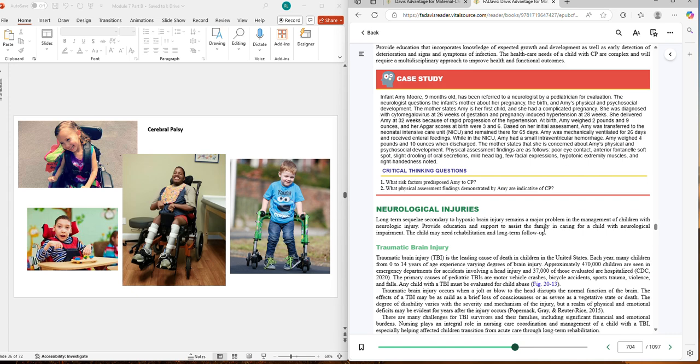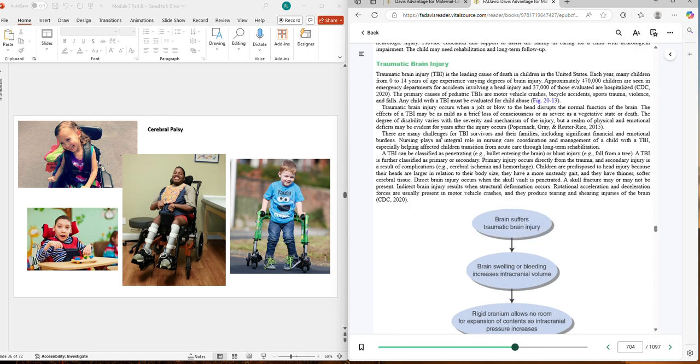Okay, talking about CP. And then TBIs, okay, traumatic brain injury, a leading cause of death in children in the United States, in children, okay, 0 to 14 years old. And we talked about some of this with the bikes and the motor vehicle, and that kind of all ties in to motor vehicle accidents, okay.